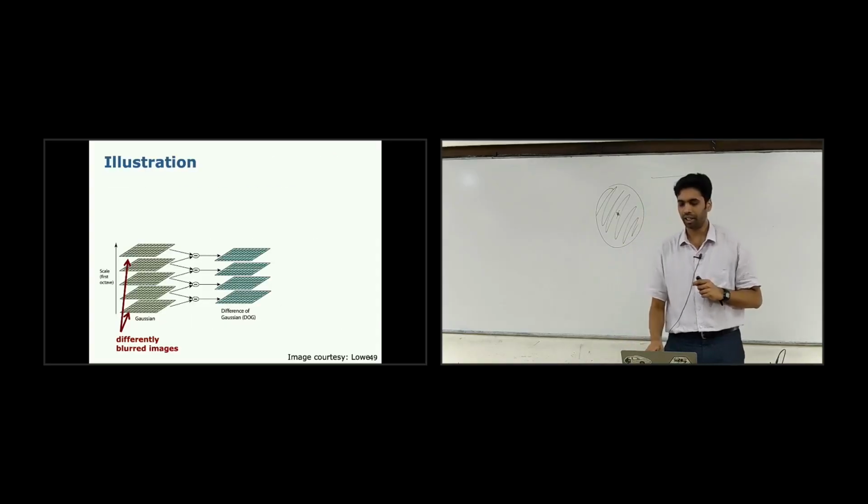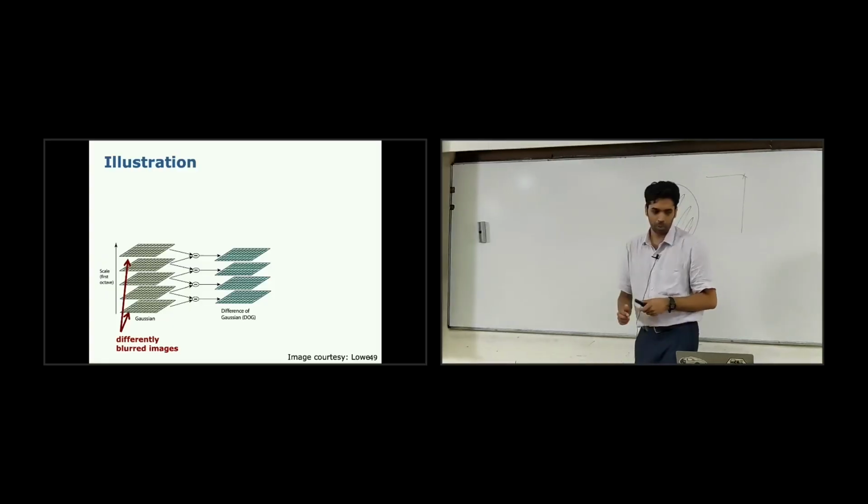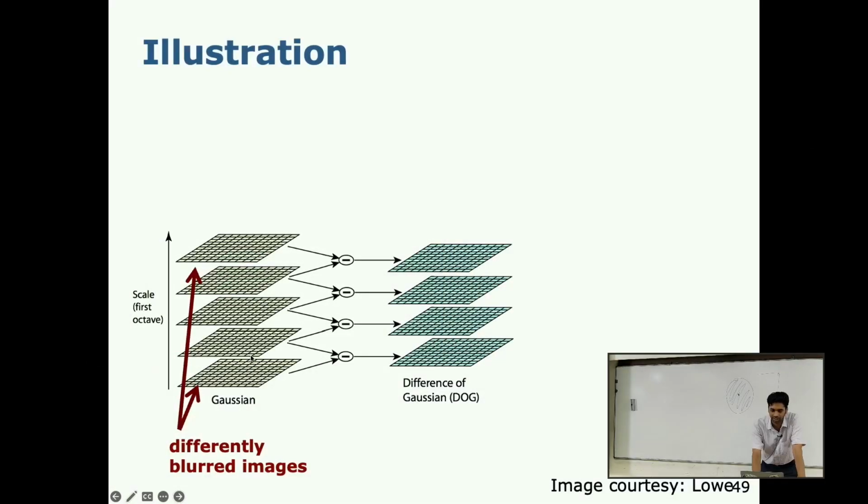This is a little bit clearer if you look at the illustration here. What's happening at the bottom is you take your original image, which is the bottom layer here. Then you apply, in this case, 4 scales of blurring. So this is slightly blurred, this is more blurred, this is even more blurred, and this is maybe completely blurred.